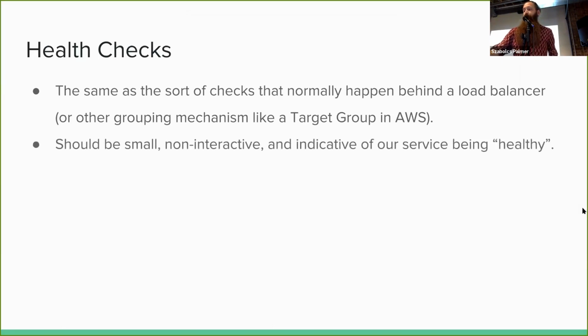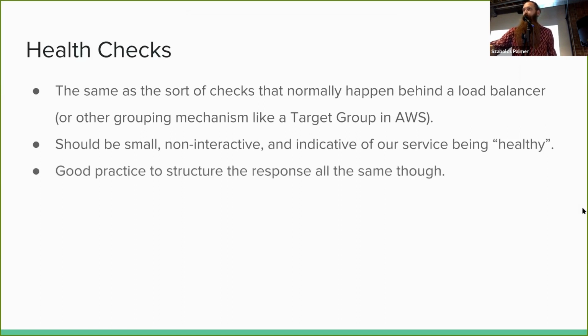So to make a health check nice, it should be small and non-interactive and really non-intrusive. It's good to structure the responses just to make it a bit easier to work with if we ever need to look at the content or do anything further with it. So for an example here, we would just have a /health path, and we provide a very small JSON response.